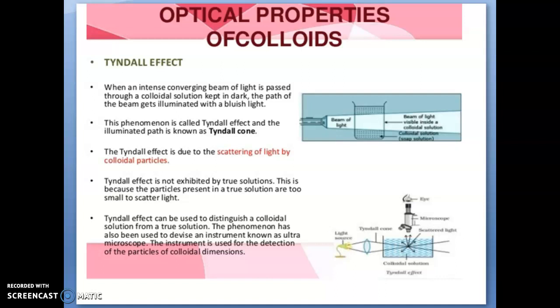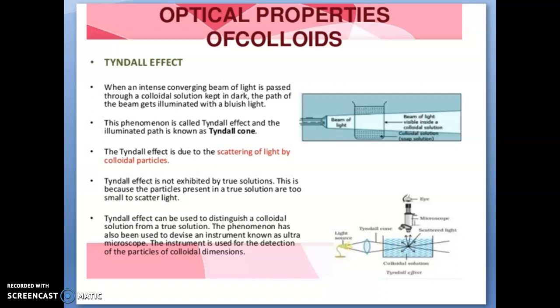First we are going to discuss the optical property. We know that the size of a colloidal particle is 1 to 100 nanometers, so it is not visible to our eyes. What is the optical property, or Tyndall effect?